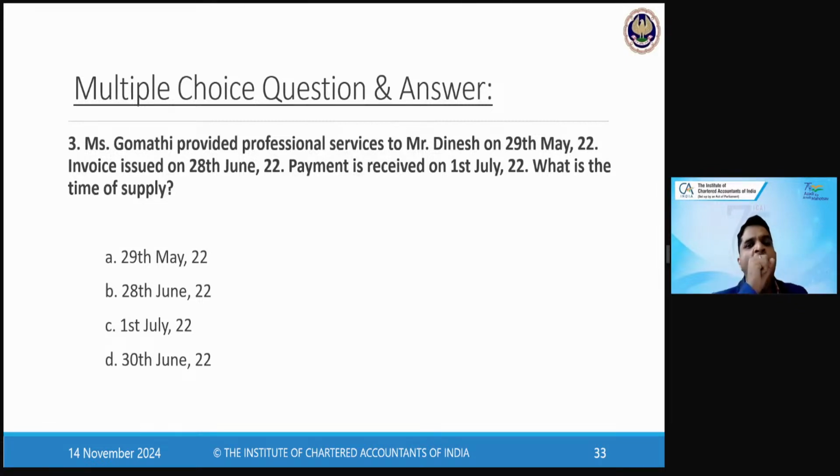Provision of service in May. Invoice is raised on 28th June, right? Which is within time. And payment is received after that. So issue of invoice or receipt of payment, whichever is earlier. Issue of invoice, which is 28th June.